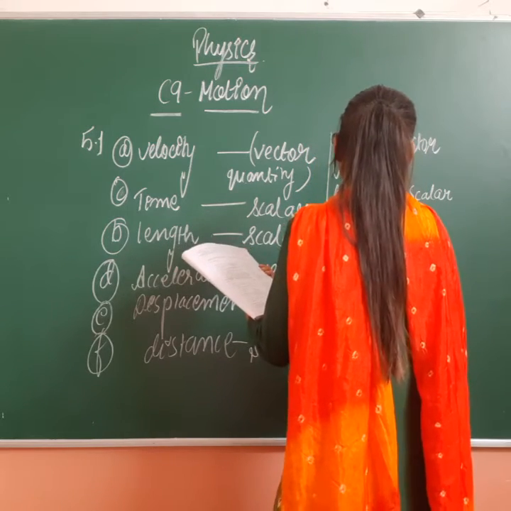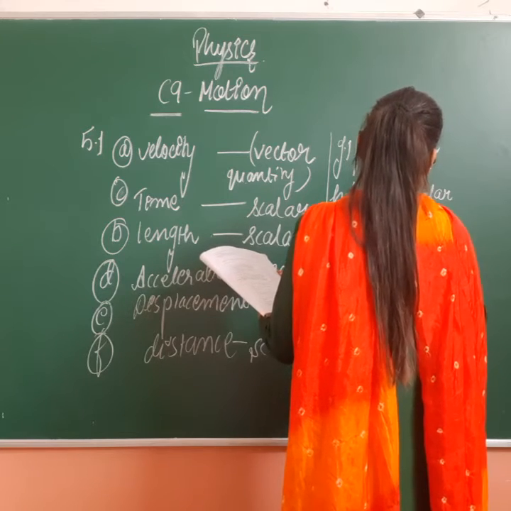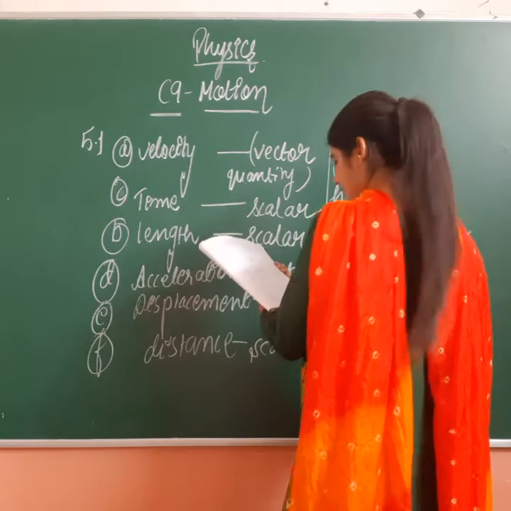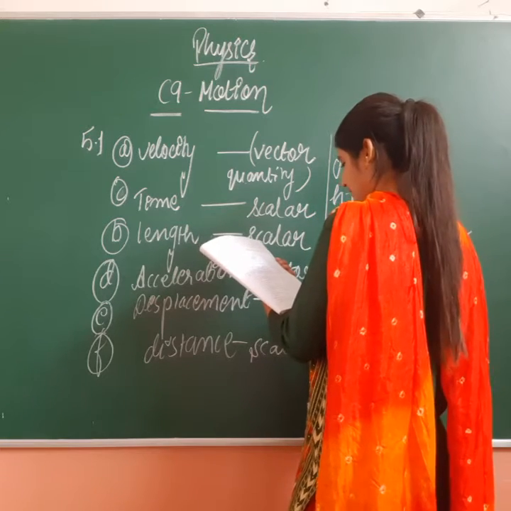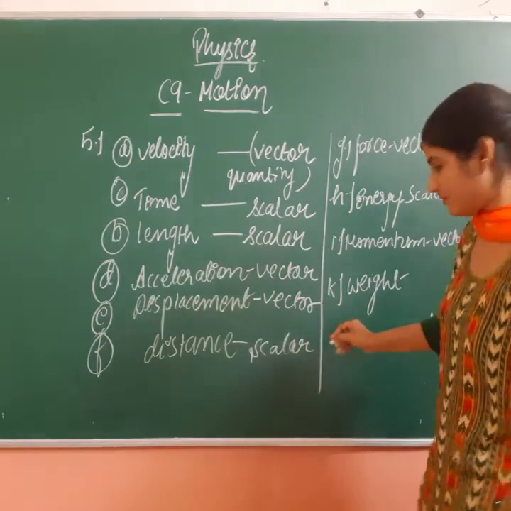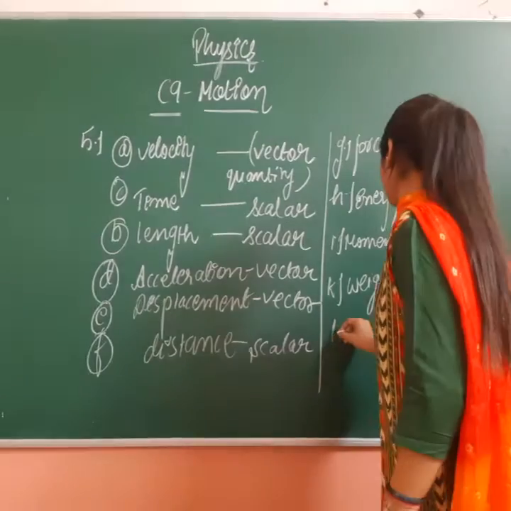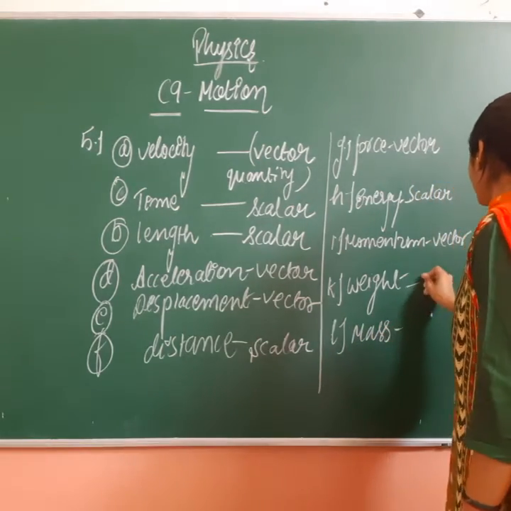Momentum is a vector quantity. Weight and mass. Mass is a scalar quantity, weight is a vector. We have discussed this in the previous question also.